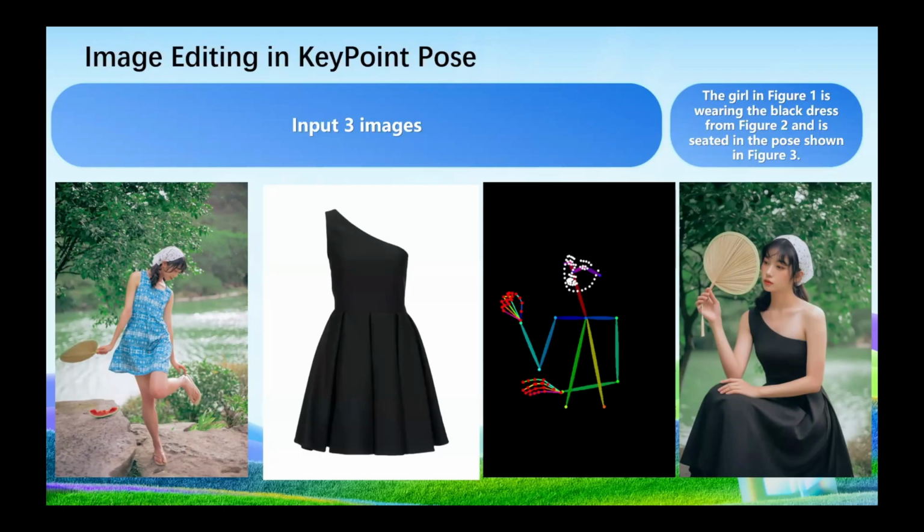And out comes a photorealistic image, the girl seated naturally, wearing the dress as if it were hers, with correct form, lighting, and posture, all aligned to the pose skeleton. No separate steps, no post-processing, no mismatch between control and appearance. So this is joint control and rendering.